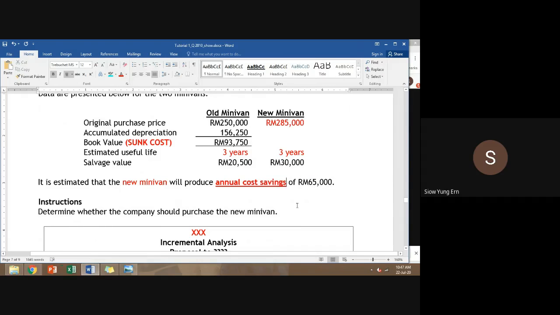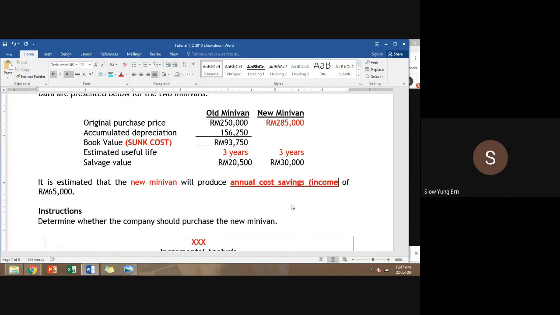So when we say that you can save costs, it becomes an income. Annual means yearly. Every year they can save the cost of 65,000. That means the new minivan can save 65,000 every year.